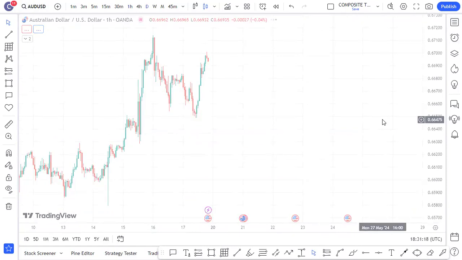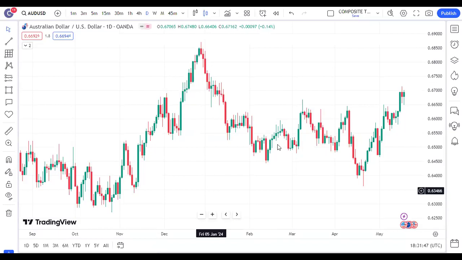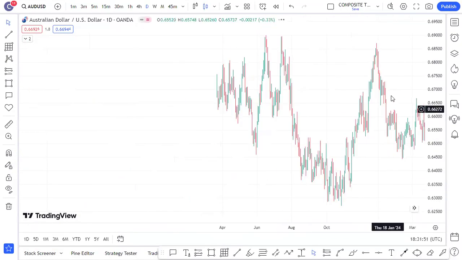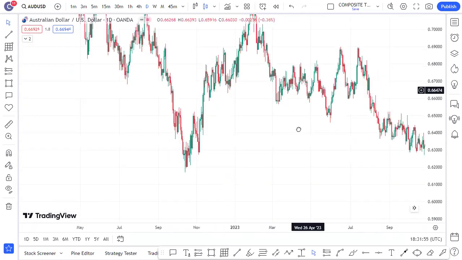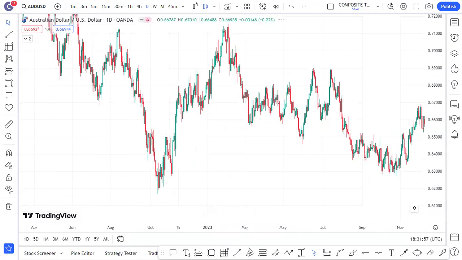On daily time frame, let's see what is here on this particular pair. On daily time frame, we can see the pair has been pushing up and down. And if you look at this, previously it was very strong bearish.